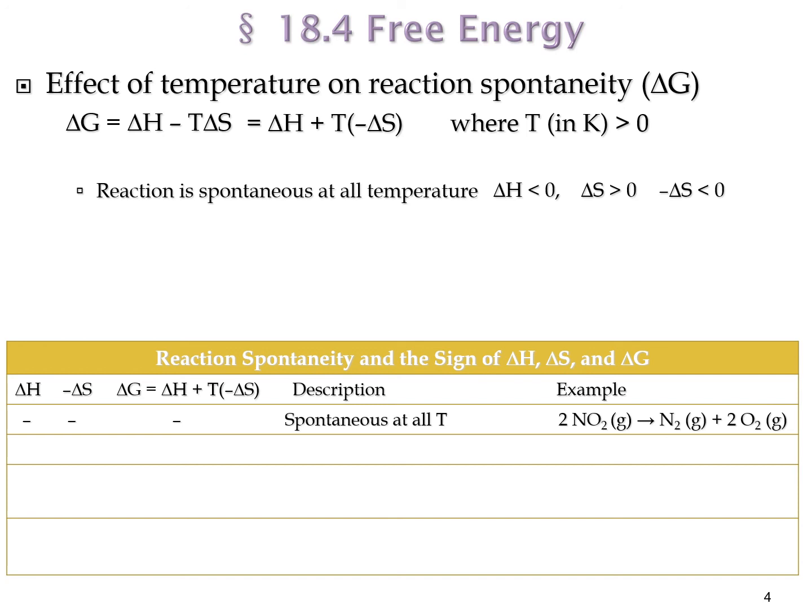If you haven't realized, NO2 is one of the major air pollutants in this country. This reaction actually tells us NO2 can be decomposed into N2 and O2. According to thermodynamics, it's going to happen. This reaction is plausible.